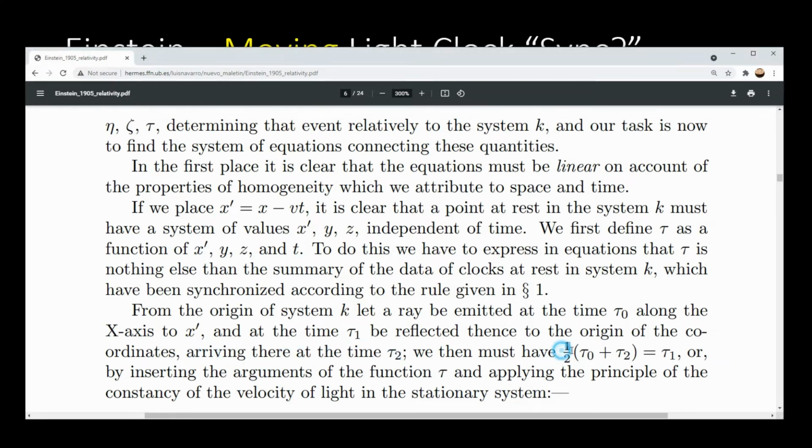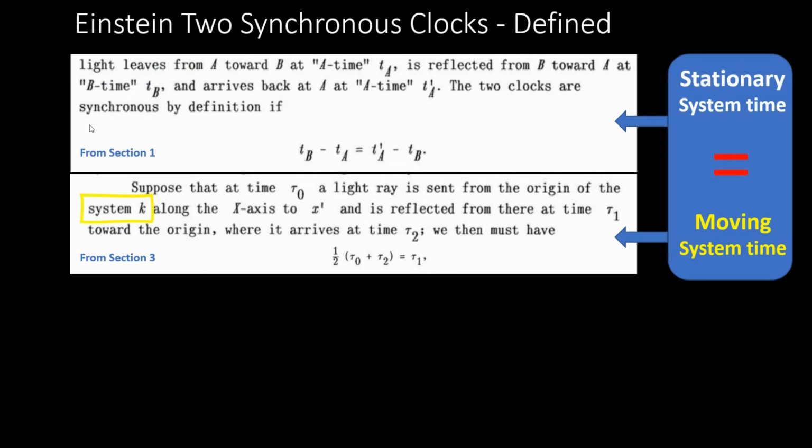Same procedure, a little bit different form of an equation, and applied to the clocks of the moving system. So remember from section 1, we have this equation applied to a stationary system. And I just showed you from section 3 with the moving system lowercase k, we get this equation. These equations are equivalent. Let me show you.